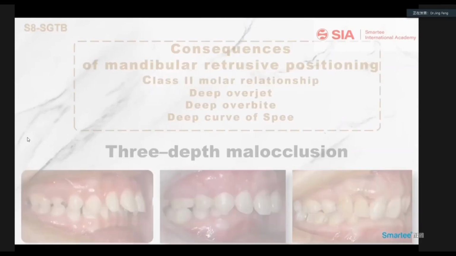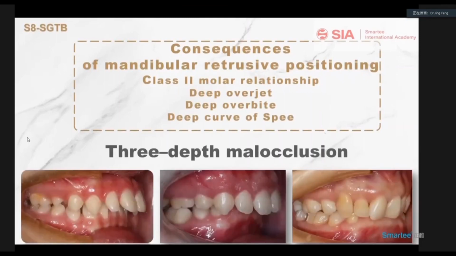So with the backwards placed mandible, the consequences will be class 2 molar relationship, deep overjet, deep overbite, and deep curve of Spee. We call that 3 depths.